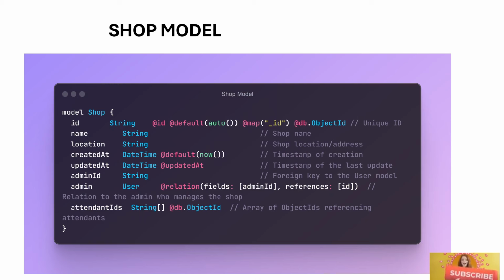Moving down to the shop model, you can see it has an ID, a name, location, created at, and admin ID. As we said, no shop can be created without an admin. That's why we have this relationship, and this is how we write the one-to-many relationship. In the shop, you put an admin ID, meaning that by the time you create a shop, you must pass in the admin ID.